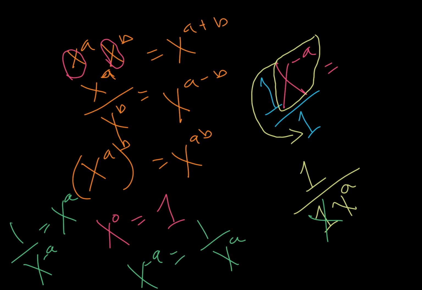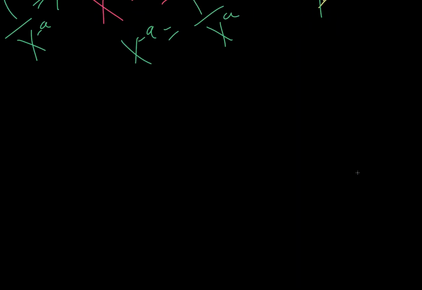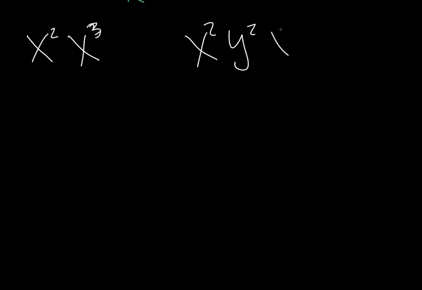Okay, now all we have to do is a few problems. And so x squared times x to the 3, and then x squared y squared times x to the 6 y to the 5. Okay, these are two separate problems.